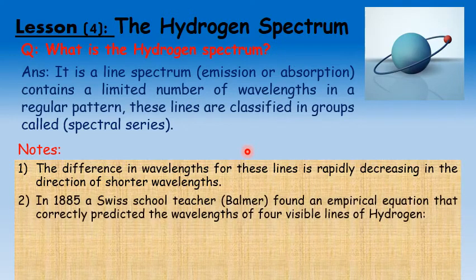The second note, in 1885, a Swiss school teacher, his name is Balmer, found an empirical equation. Empirical equation means experimental equation. That means after many experiments he gave us an equation that correctly predicted the wavelengths of 4 visible lines of hydrogen.